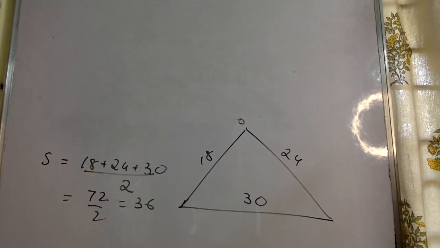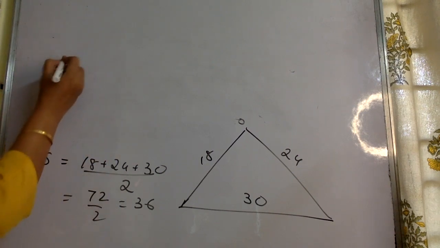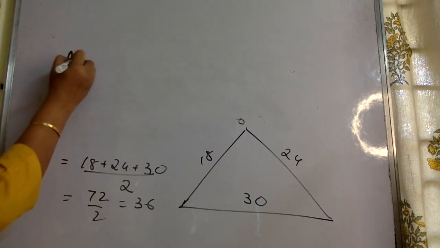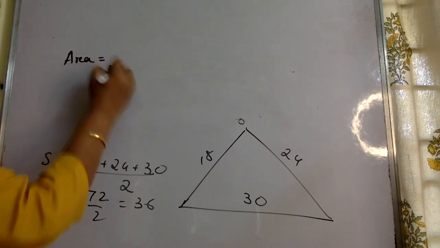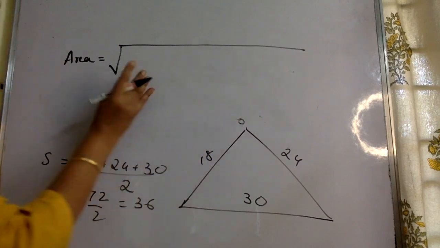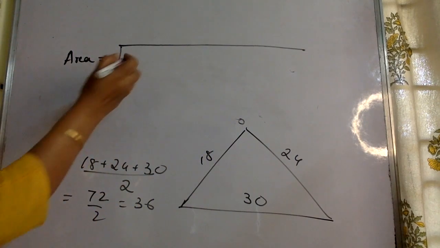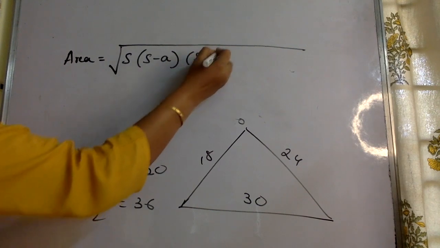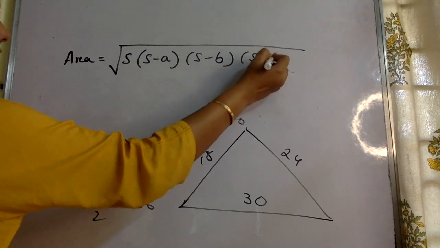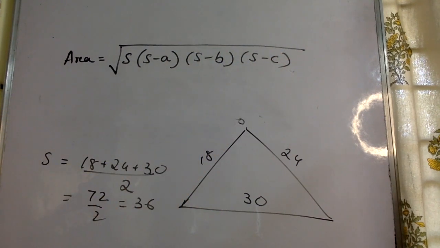Now in this formula, the area of the triangle is equal to, we need a big root sign, and in this root sign we have s into s minus a, s minus b and s minus c.